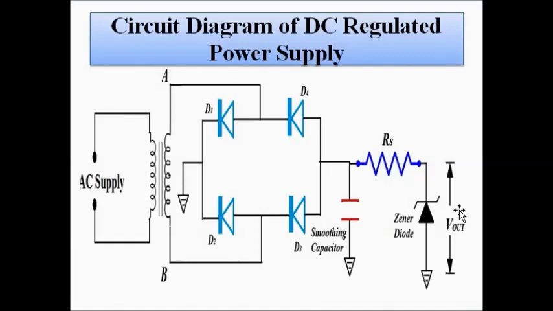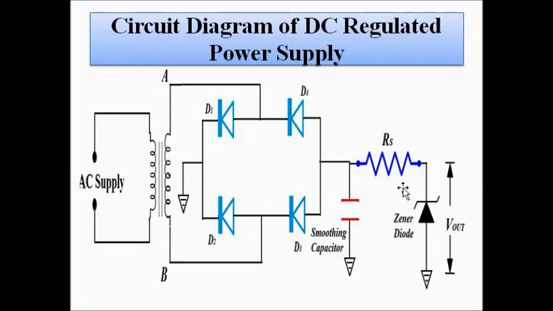This occurs due to the increase in the kinetic energy of the minority electrons, and they get sufficient energy to knock out other electrons by breaking the covalent bonds. That leads to breakdown, which is called Zener breakdown. So I will be discussing the concept of Zener diode.